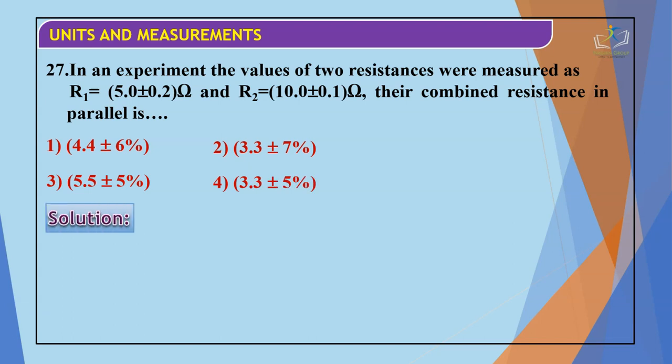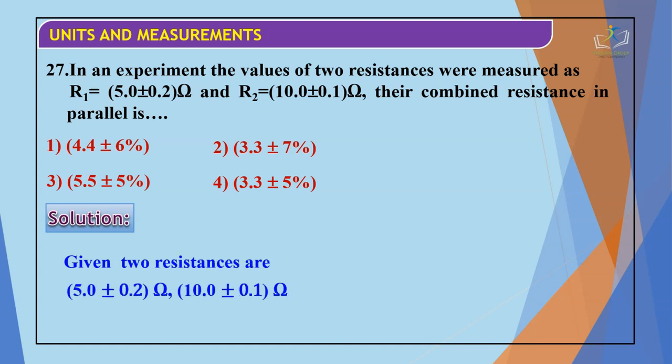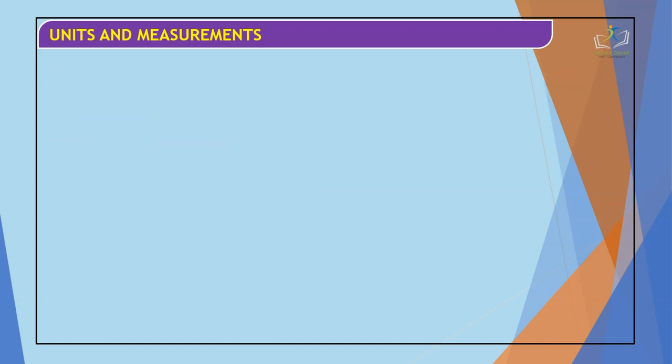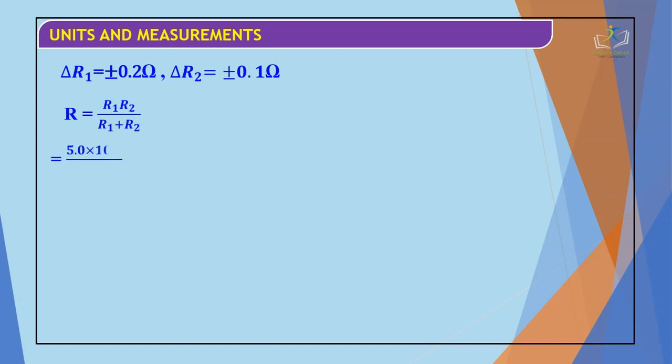So let's move with the solution part. Given two resistances are 5.0 plus minus 0.2 ohm and 10.0 plus minus 0.1 ohm. So R1, delta R1 is given, and R2, delta R2 is given. We know the formula for resistance of a combination in parallel, R1 R2 by R1 plus R2.